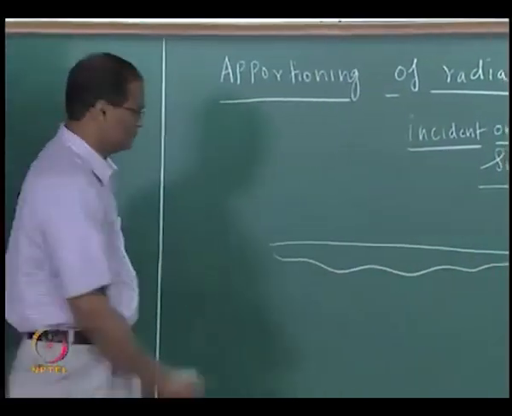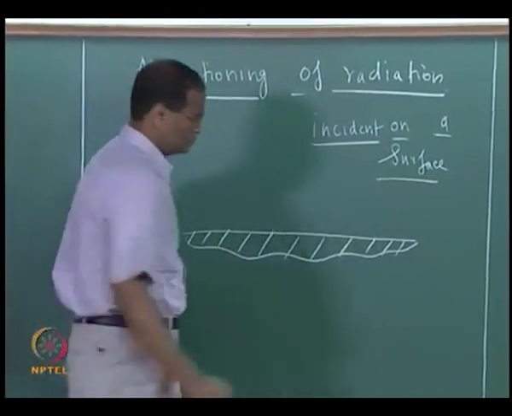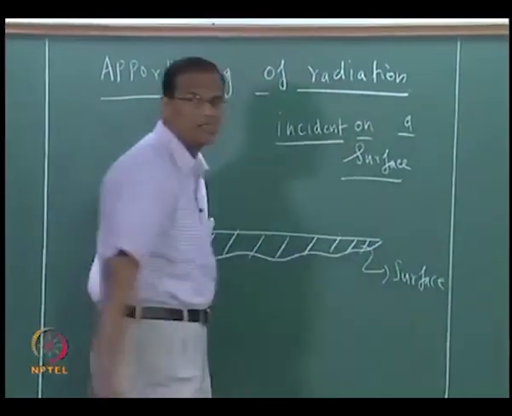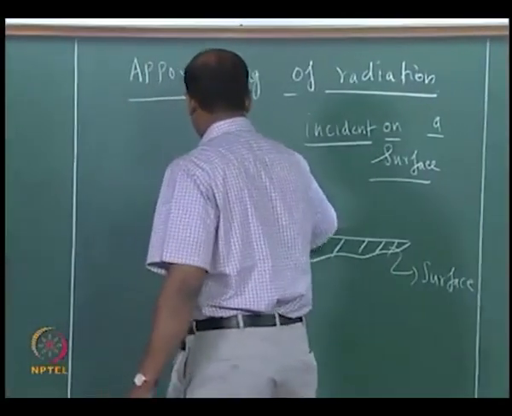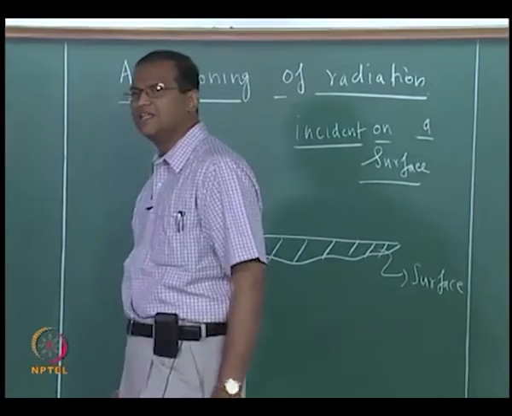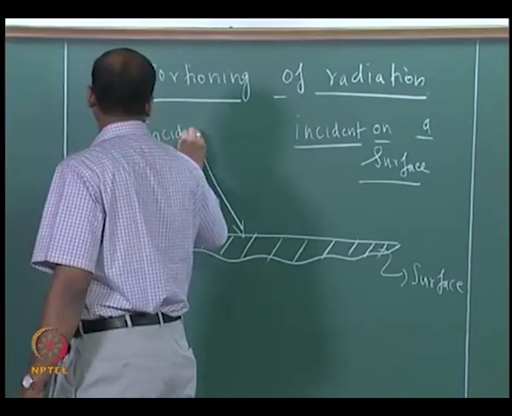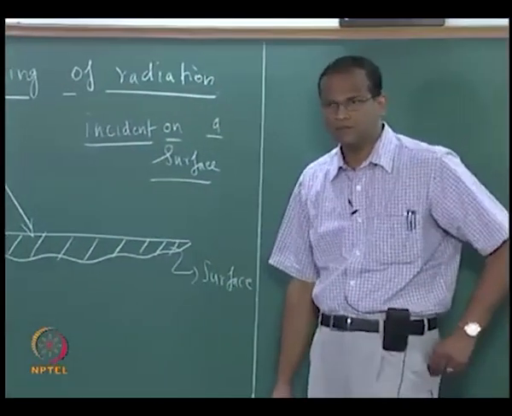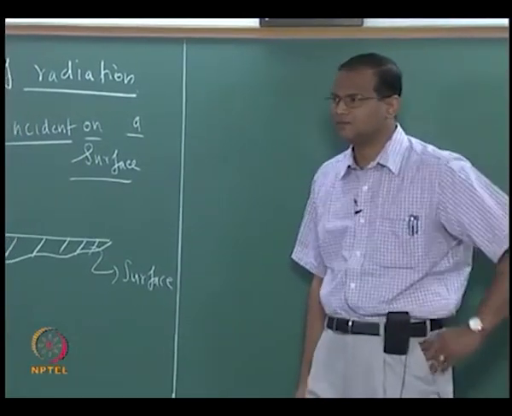Let us consider a surface. Radiation is incident on the surface. I will say incident, that means it is incident radiation, watts per meter square. Is the configuration clear?